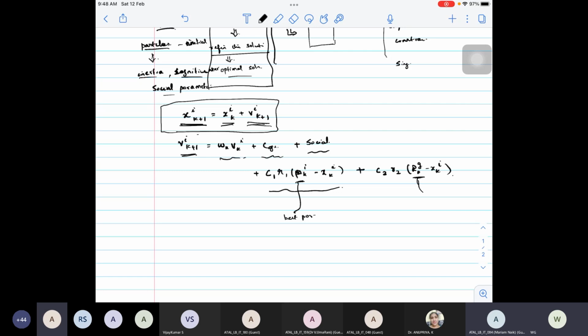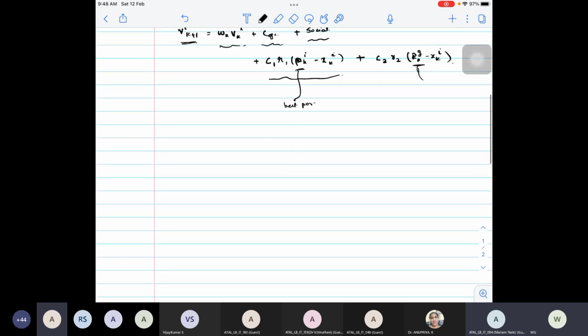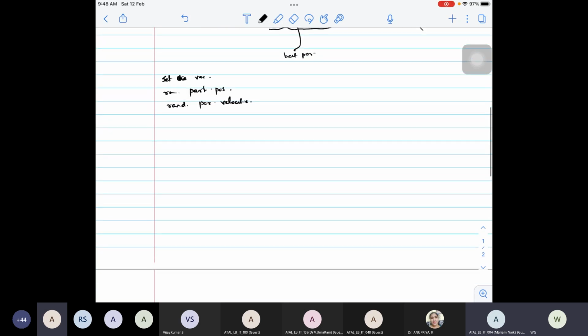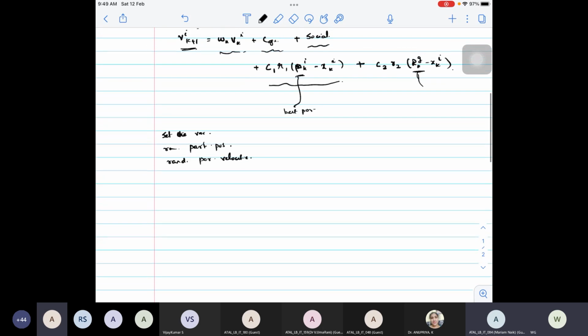So now this we see as the updation rule, right? So initially, what we do is we set or initialize the variables, then randomly initialize the particle positions and randomly initialize the particle velocities, right? Then these are constants.